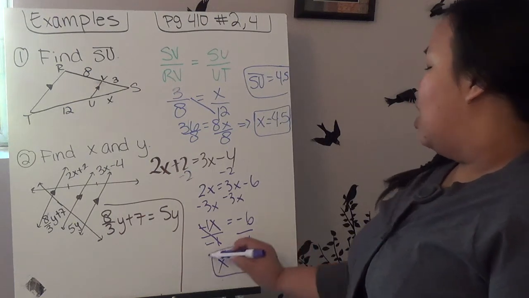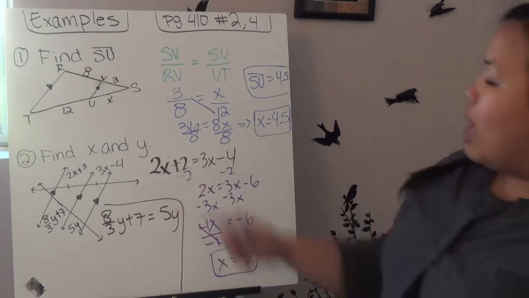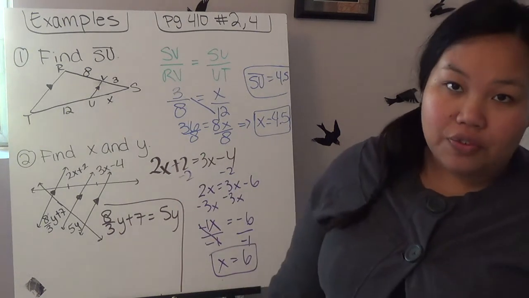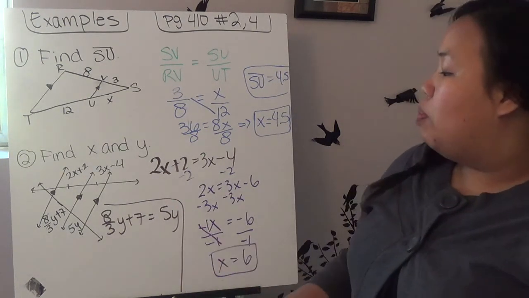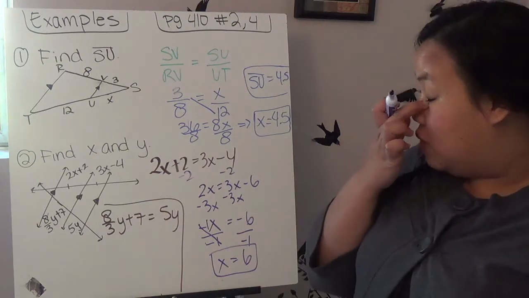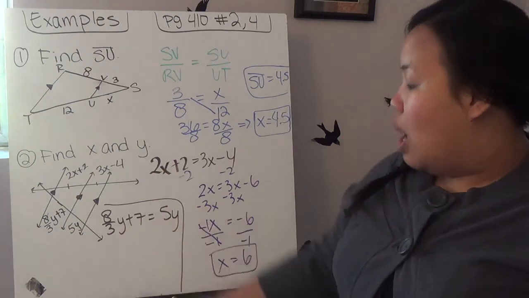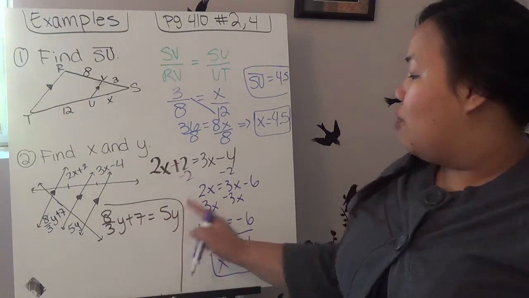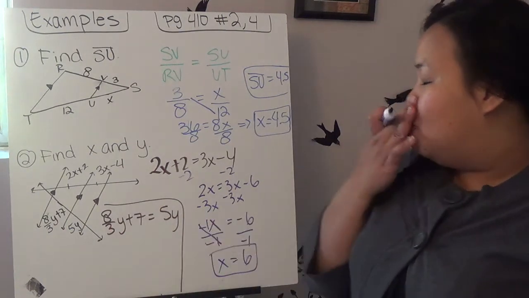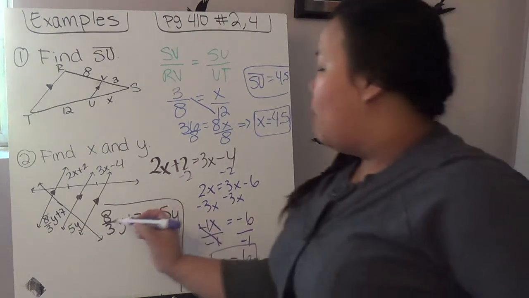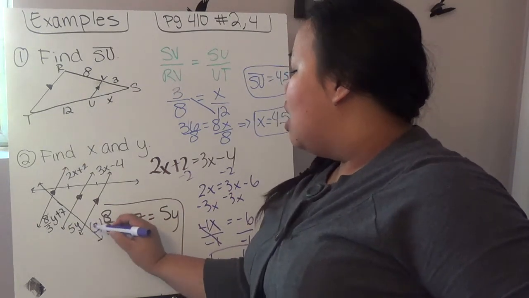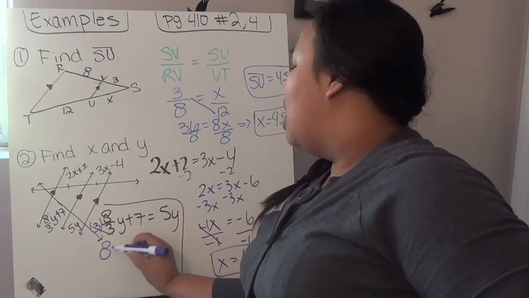So I found x. Now y, I have a fraction, and we're not big fans of fractions. But this is a pretty simple problem to fix, because if I take the denominator of this fraction and multiply every term, then this would not be a fraction anymore. So if I multiply this by 3, this cancels out and I end up with an 8y.